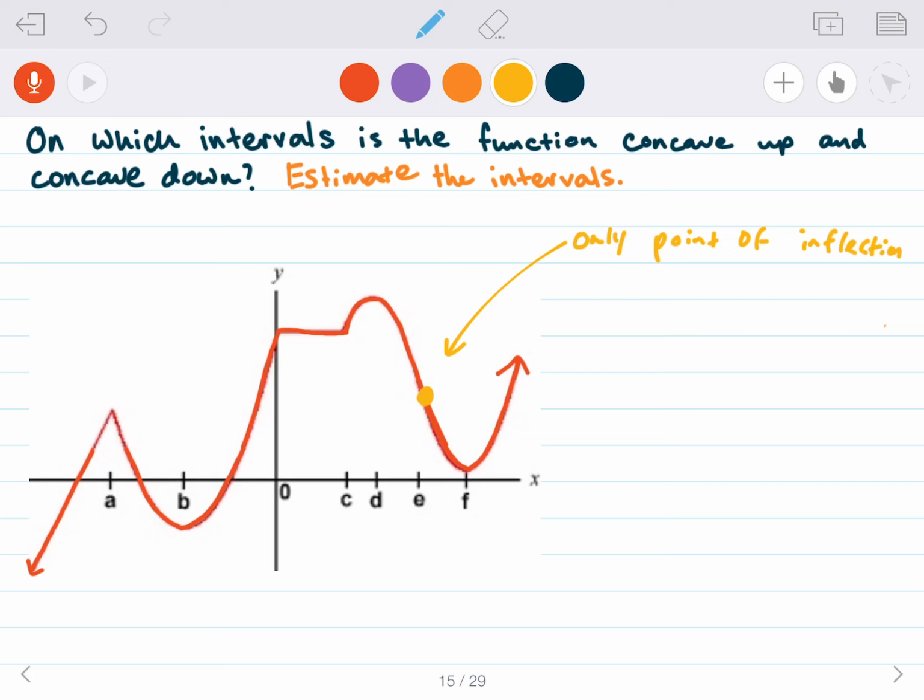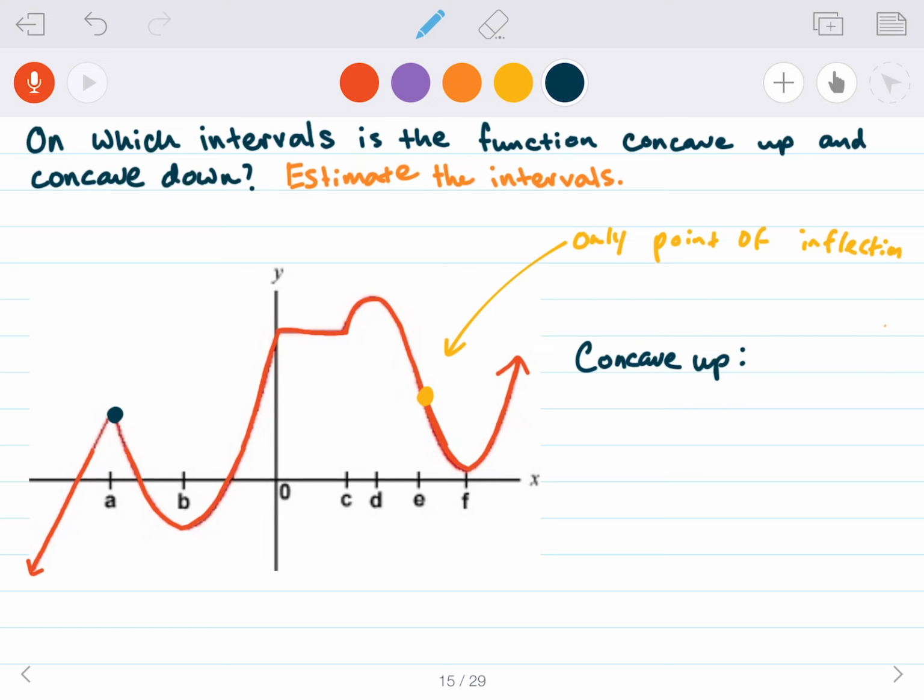Okay, so let's start with concave up. If we start from left to right, we can already get rid of this piece, right? Because we just said that was neither concave up nor down. So really, we're starting to concave up at x equals a.